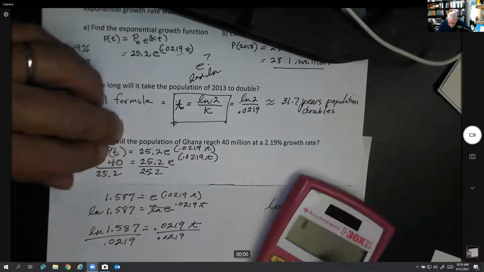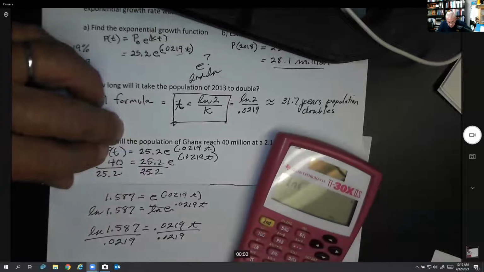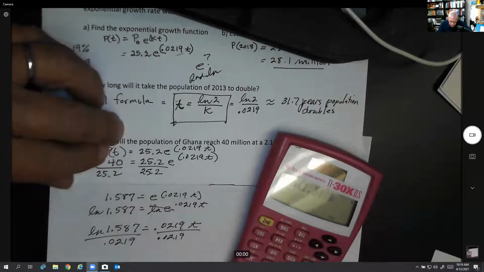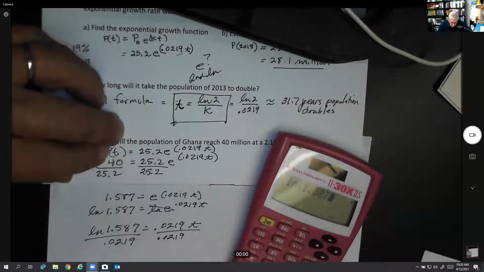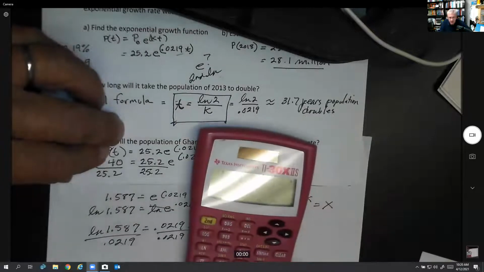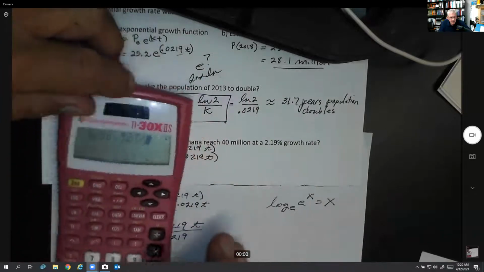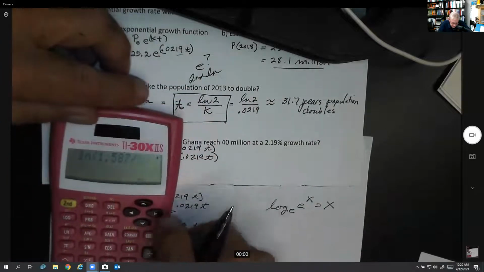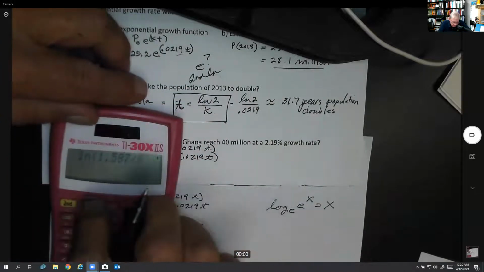So let's enter this in. ln 1.587 divided by, let me quit, now see, I don't want to do it this way. I need to close that parentheses because it won't work.